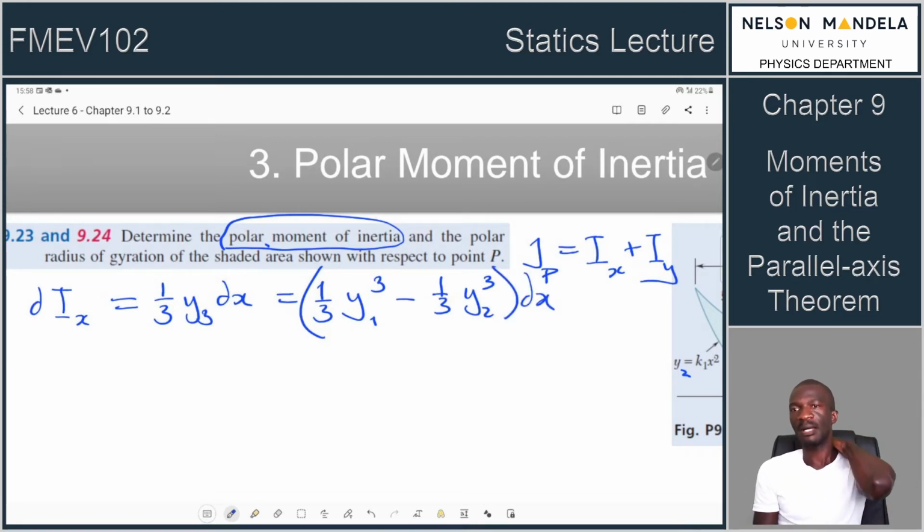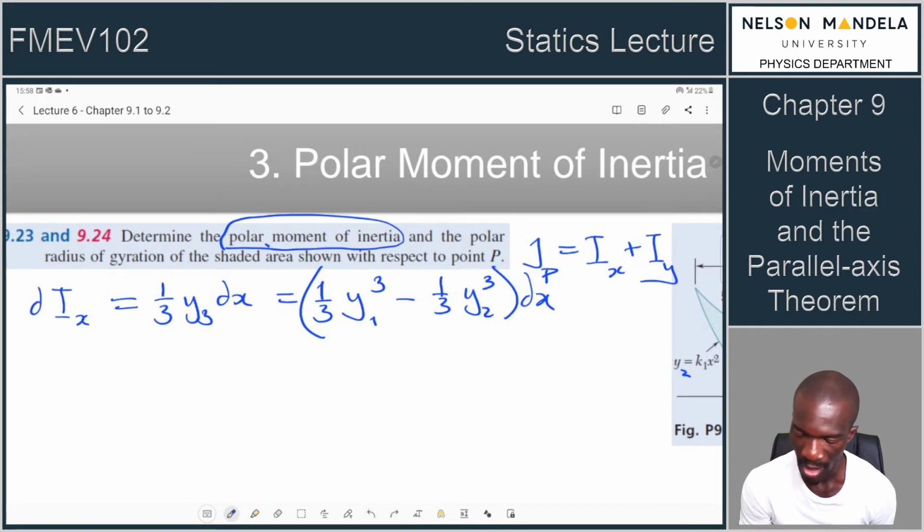That is our moment of inertia. Just the same way we were adding up, we are now finding the difference because of the arrangement that we have. So you now have an expression.